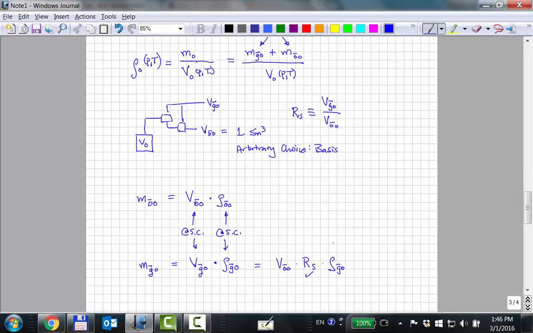So now from the equation, we can write this equation as mass of the gas from the oil, so that's volume of oil from oil times RS times the gas density, plus volume of oil from oil times the density of oil from oil, over VO. Can't we change VO to formation volume factor times? Not yet. We're just doing the algebra, so we don't lose any steps along the way.